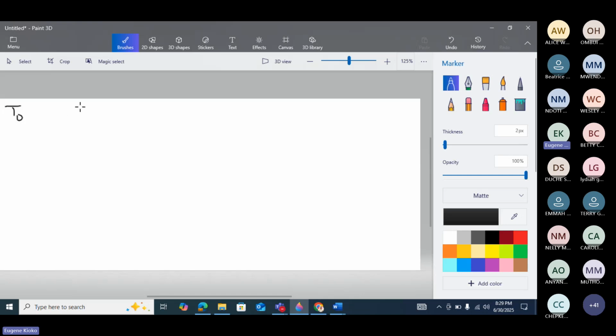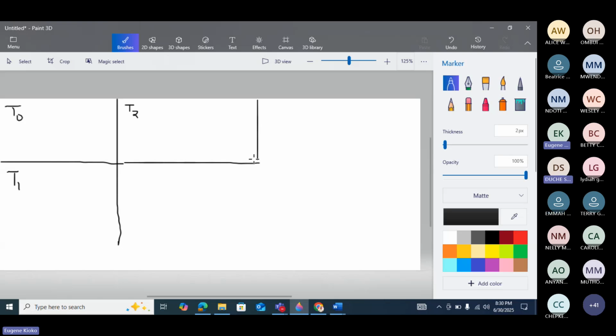Then from T0, we'll be able to see T1. From T1, we'll be able to see T2. From T2, we'll go to see what we call regular.